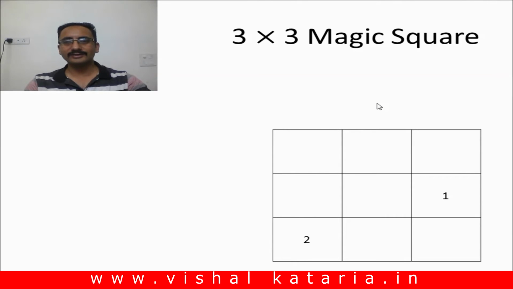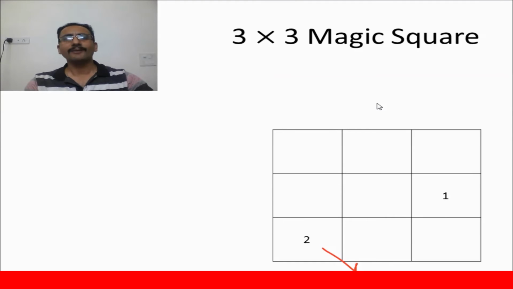Again use the southeast rule. Oh, again I am out of this magic square. What will I do? Yes, move vertically upwards and write the next number in this grid. And the next number is 3.